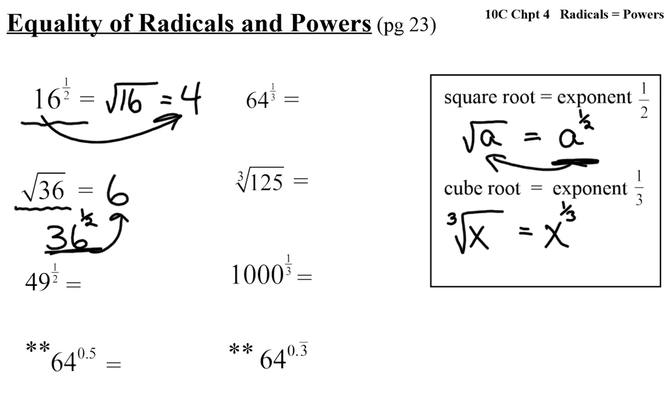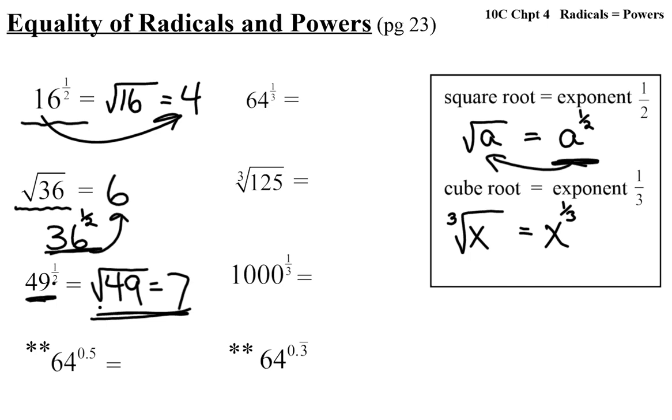If we finish here, 49 to the 1/2, exponent 1/2 looks miserable, but that just means we square root. Square root of 49 is 7. This is way less ugly than having a 49 with an exponent 1/2.